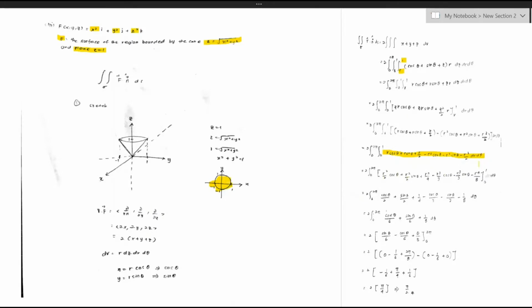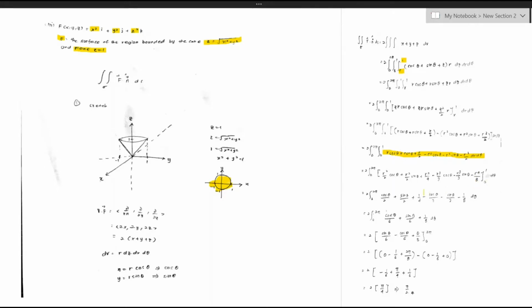So we integrate in terms of r, and we get r squared over 2 cos theta plus r squared over 2 sin theta plus r squared over 4 minus r cubed over 3 cos theta minus r cubed over 3 sin theta minus r to the power of 4 over 8.